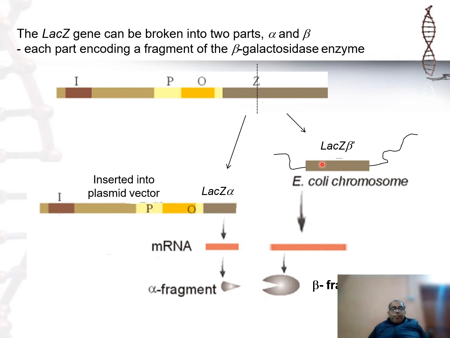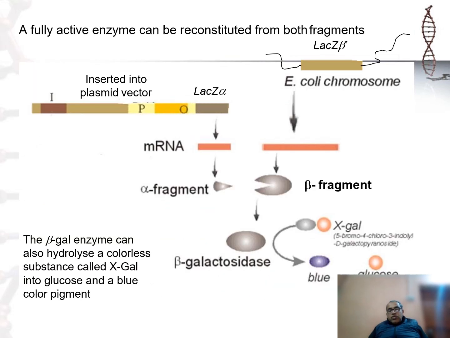We can break down the LacZ gene into two parts, alpha and beta, each coding for a fragment of the beta galactosidase enzyme. So LacZ alpha and LacZ beta, and when it becomes an active form, it would convert lactose into glucose and galactose. But it can also break down X-gal into a blue pigment and glucose.